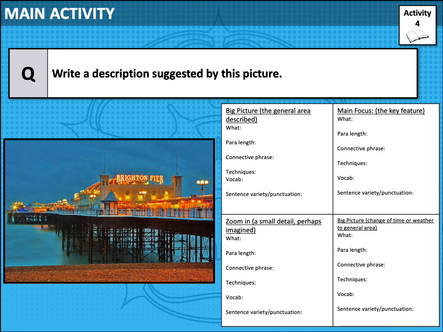Don't wait until the end to check. It's absolutely fine to cross out words that you're not feeling as happy with and replace them with better words. And I'm really going to look forward to reading your final descriptions of Brighton Pier in the picture stimulus. Thank you for your focus. Enjoy writing your descriptions.